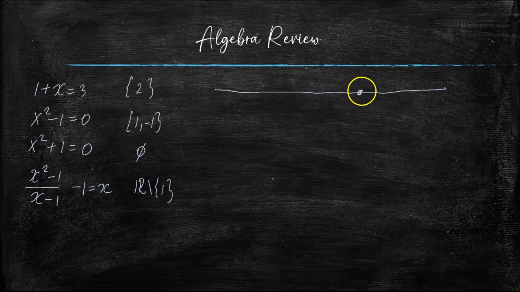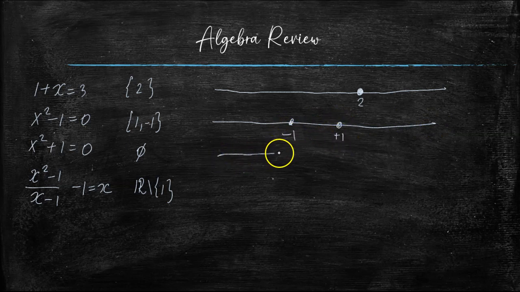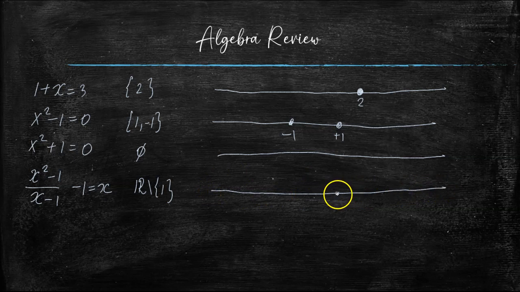So, for example, here is the solution to the first equation. This is the solution to the second equation. A blank number line is the solution set to the third equation, which is an empty set. And everything but one, so I'm going to make a hole here and shade everything but one, is the solution set to the last equation.